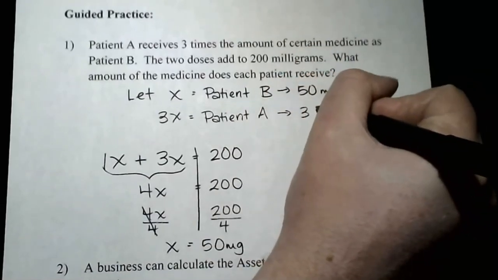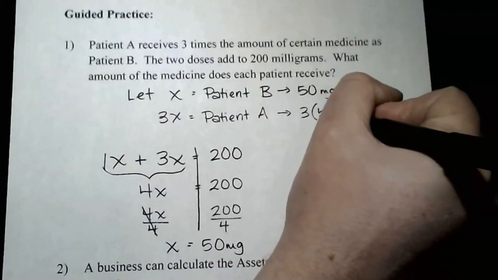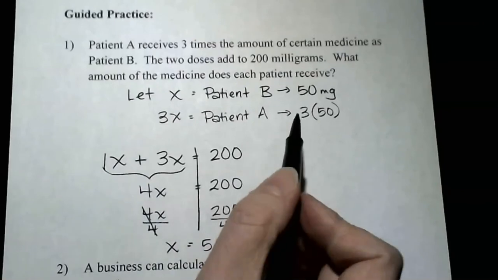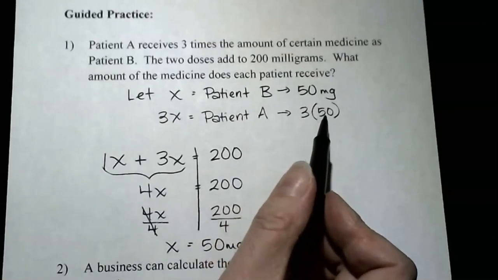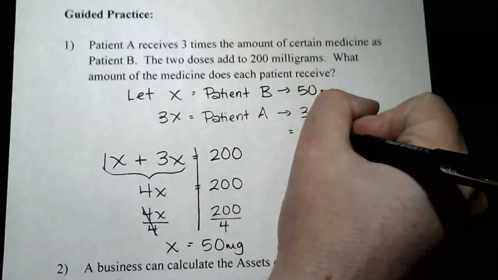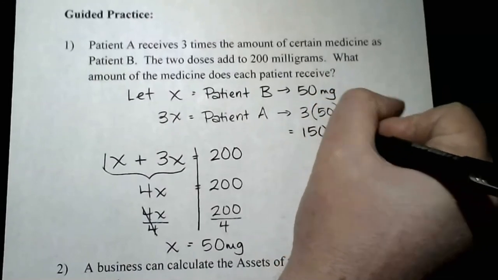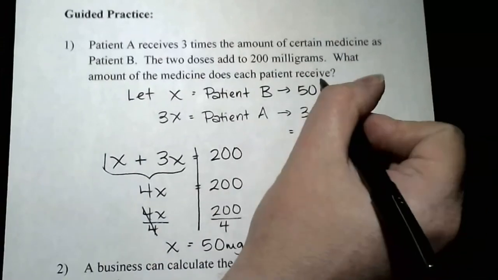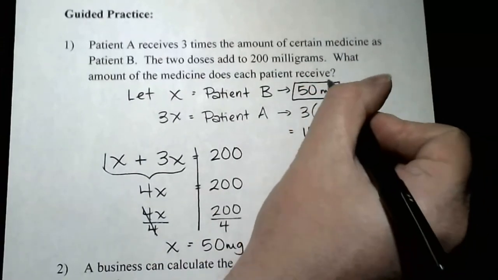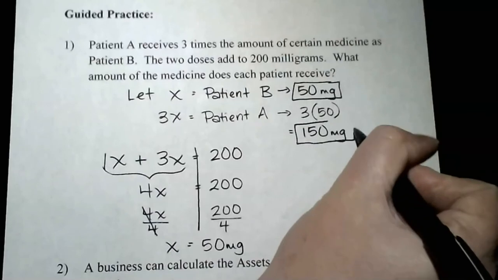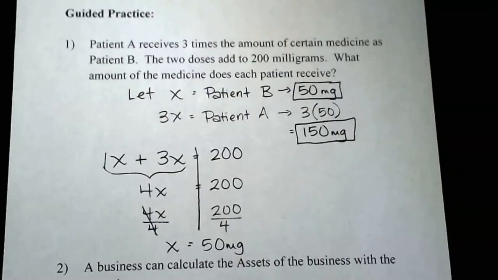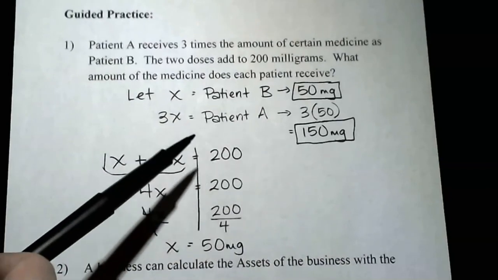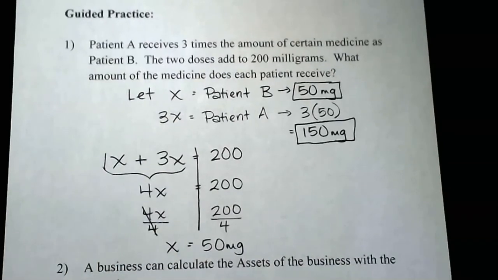So 3 times x, where x is 50, will be patient A. 3 times 50 is 150. So there's your 2 amounts. Patient B gets 50, and patient A gets 150, which should make sense because the total of those 2 combined would give you the 200.